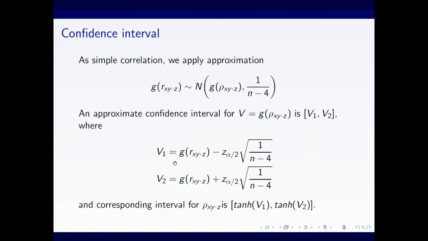The upper bound v2 is arctanh of rxy dot z plus z alpha over 2 times the square root of 1 over n minus 4.